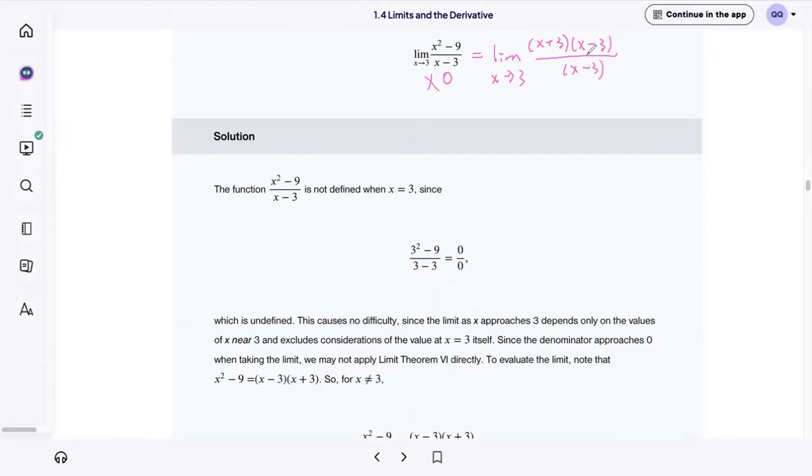Then the denominator also has x minus 3. So these two cancel each other to be 1. So it simplifies to the limit as x approaches 3 of x plus 3. Now it becomes linear. Once it becomes linear, we can substitute the x value. So I have 3 plus 3, which equals 9.